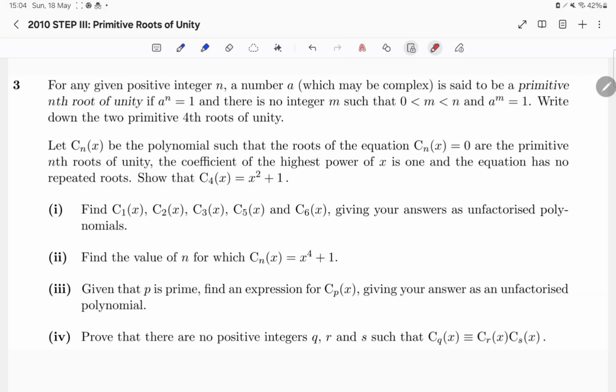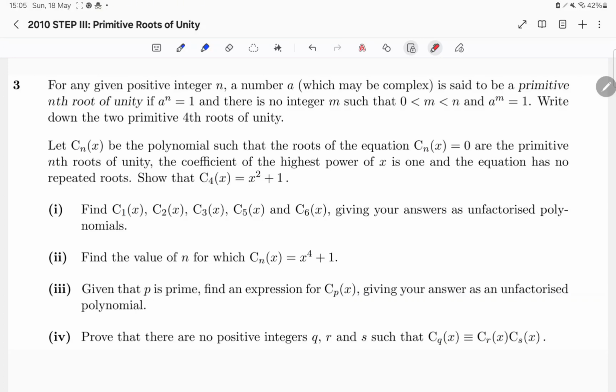Given that p is prime, find an expression for Cp of x, giving your answer as an unfactorized polynomial. Part 4. Prove that there are no positive integers q, r, and s, such that Cq of x is equivalent to Cr of x multiplied by Cs of x.